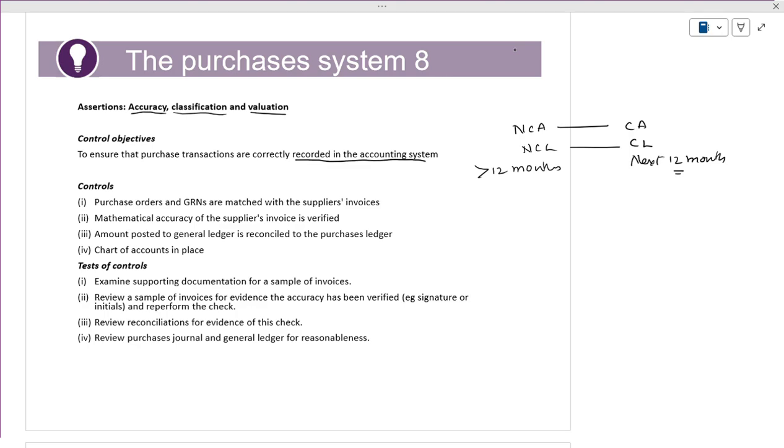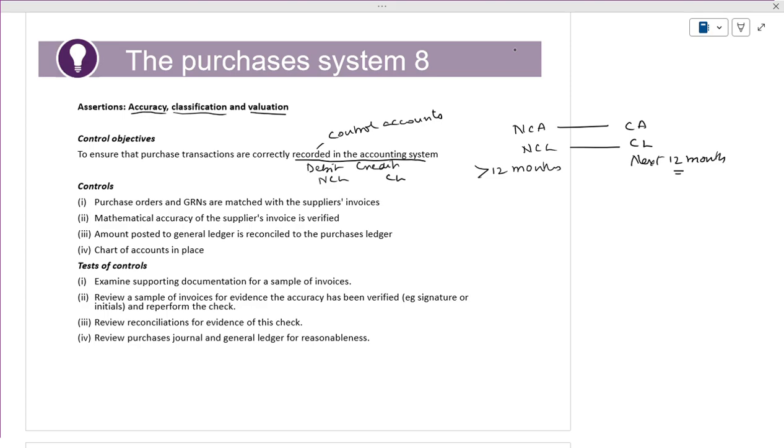The second stage is that we have done the purchases, and here you will have the control account. Control accounts are individual accounts, correctly recorded in debits and credits, and correctly recorded in the non-current liability or current liability.